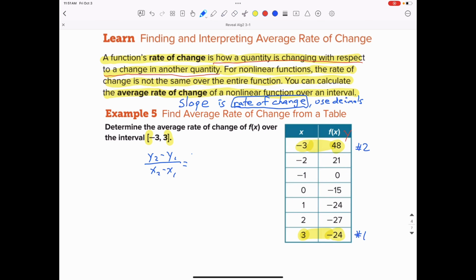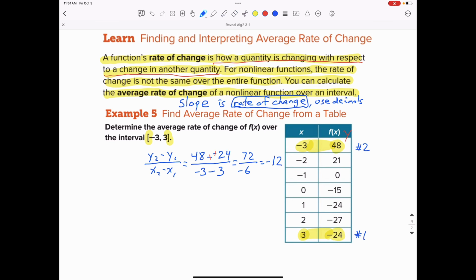So that will be 48, the y value from point number 2, minus -24, the y value from point number 1, over the x value from point number 2, which is -3, minus the x value from point number 1, which is 3. When you have 48 minus -24, that's the same as 48 plus 24. You get 72 over -3 minus 3, which is -6. And 72 divided by -6 is -12.